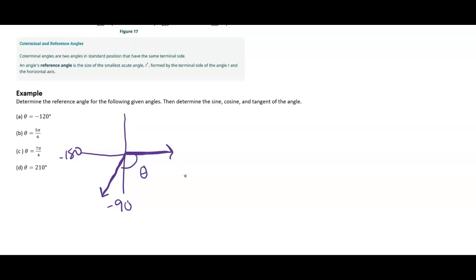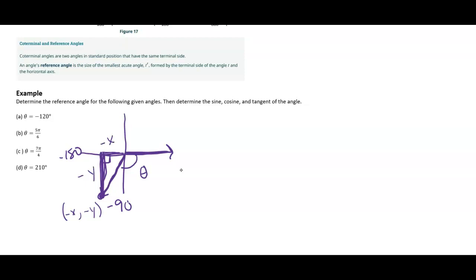But my reference angle, remember, drops to the x-axis like so. So this is the point, negative x comma negative y. And so I want to make sure that I am representing that point with an acute triangle that is horizontal to the x-axis. Okay. All right, so negative x, negative y.